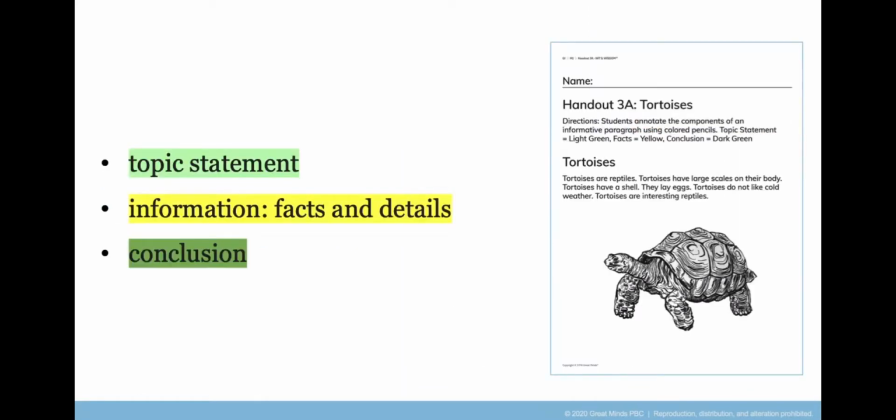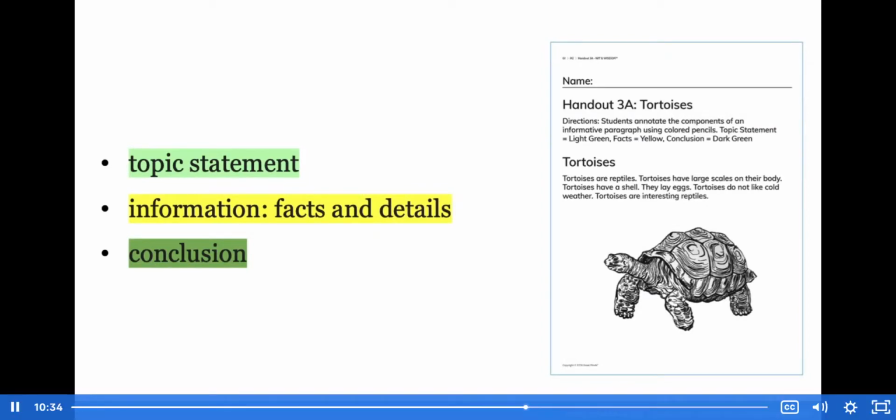You just had an opportunity to annotate the tortoise's actions in the fable, The Hare and the Tortoise, and now we will annotate an informative paragraph about tortoises. This will help you remember the components of an informative paragraph.